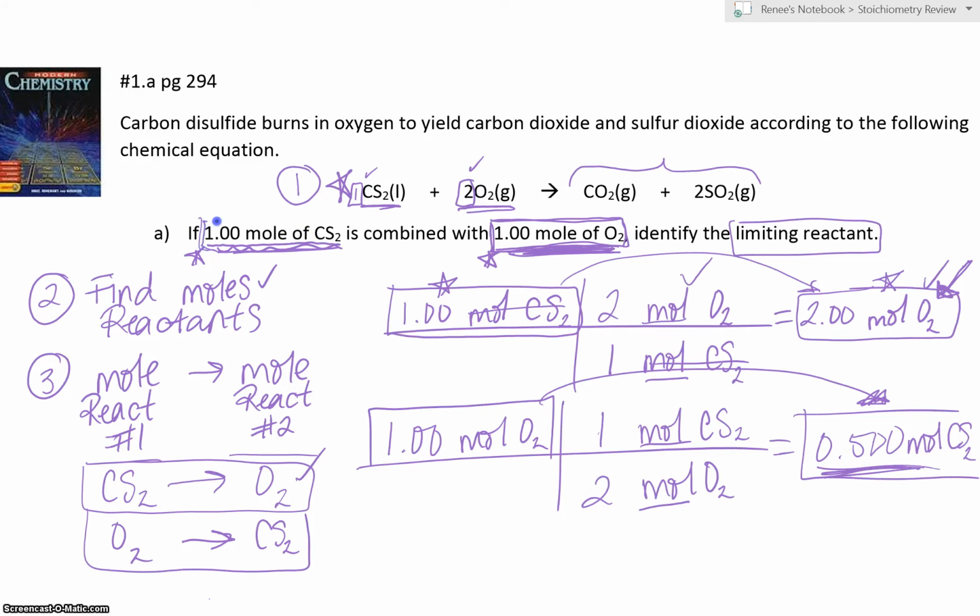Over here, I'm given 1 mole of carbon disulfide. So that tells me that I'm going to have excess carbon disulfide, and oxygen is going to be what limits my reaction. So my limiting reactant here is oxygen.